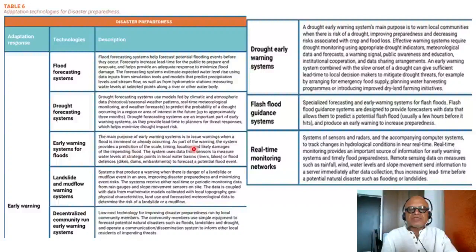Early warning systems for floods. The main purpose of early warning systems is to issue warnings when a flood is imminent or already occurring. So you can think of it as a ready, set, go framework, which is what we use in the subseasonal to seasonal forecasting applications. So let's say the seasonal forecast of the monsoon readies the system in terms of disaster preparedness, where there are likelihoods, where there may be need for aid, for shelters, for protection against droughts and floods, wildfires, whatever may come, and then set and go steps happen with shorter time forecasts, maybe weeks 2 to 4 or day 1 to 10 and so on.